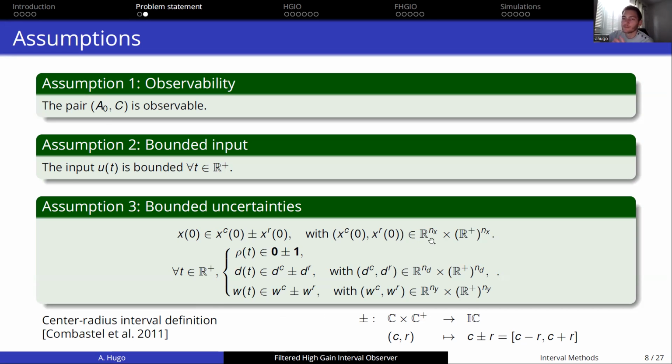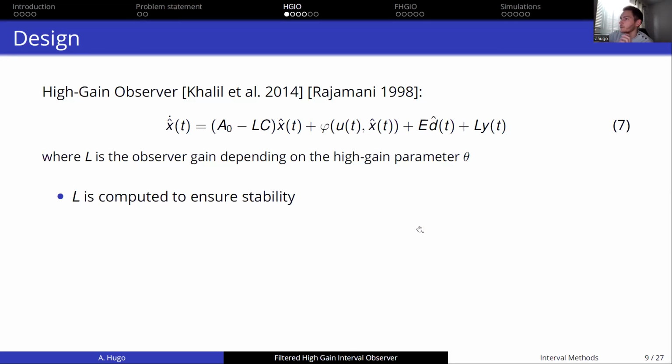So now I will move to the design of the high-gain interval observer, the one that does not yet take into account the measurement noise. First, we need to base the design on the high-gain observer. We take the dynamics equation 7, in which we have an observer gain L that will be parameterized by the high-gain parameter theta.